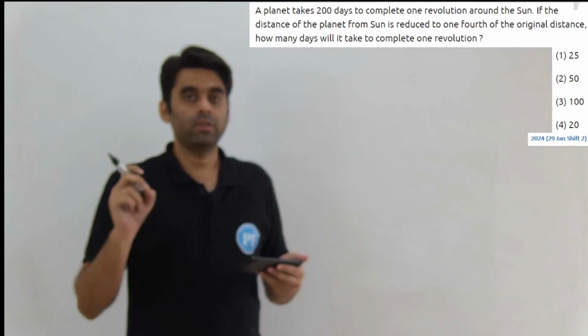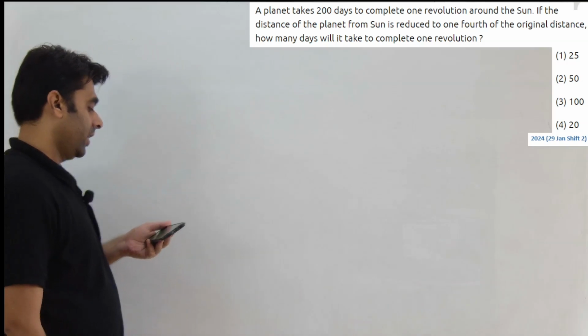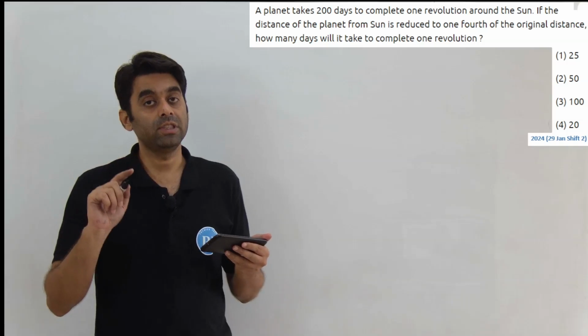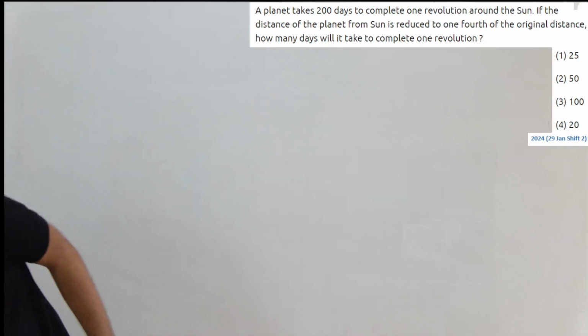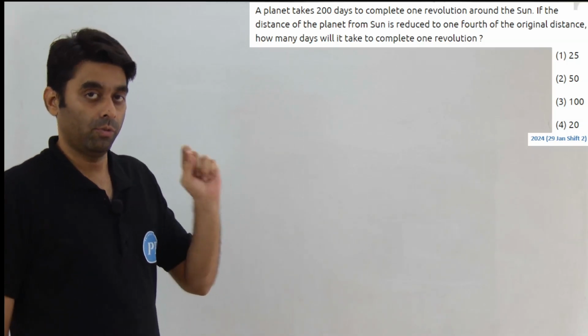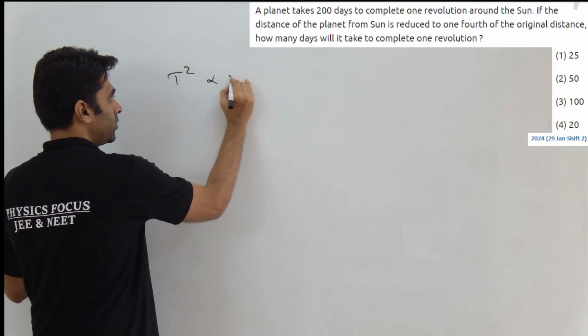A planet takes 200 days to complete one revolution around the sun. Fine. If the distance of the planet from the sun is reduced to 1/4 of the original distance, how many days will it take to complete one revolution? So basically, if the distance of the planet from the sun is changed, how does your time period change? What is the relation we know? We know that T square is proportional to R cube.